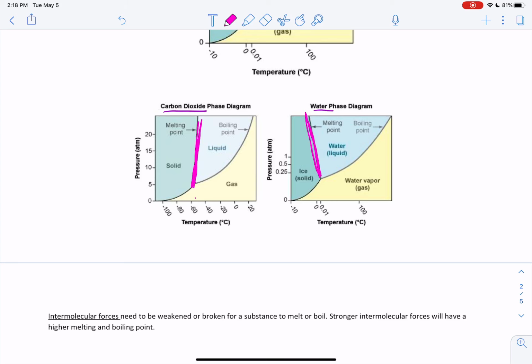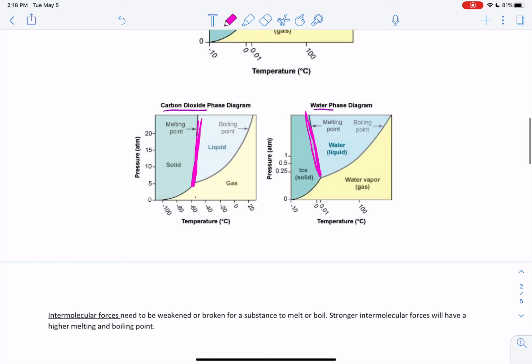Okay? And what that means is that in carbon dioxide, you can have something that's a gas and then it turns to a liquid. And then if you keep increasing the pressure, it will turn to a solid. But that won't be the case in water. In water, if you have a gas, if you increase the pressure, doesn't matter how much you increase it, it's never going to become a solid. Okay? Because of that backward slope there.